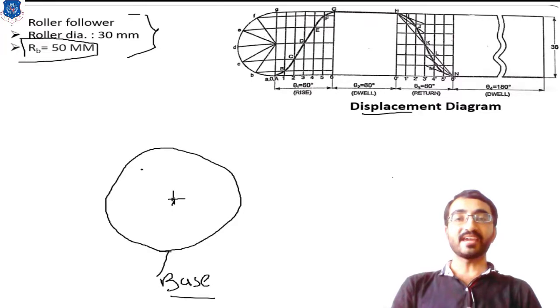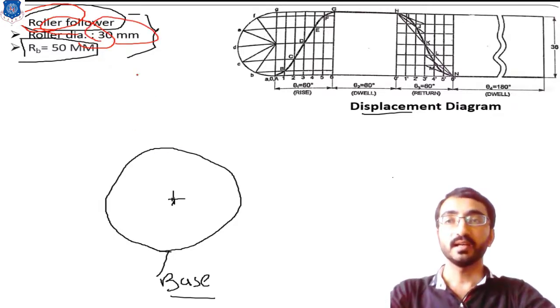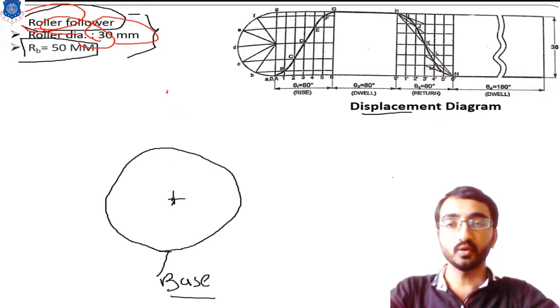If it is a knife edge follower, then you will directly sketch it over here, but it is a roller type of follower, so be careful. Over here your type of follower is given as a roller follower. To sketch the roller follower, we need the diameter of the roller, which is given over here as 30 mm. Over here the offset distance is not given. It means you have to draw the cam profile for the radial type of cam and follower system.